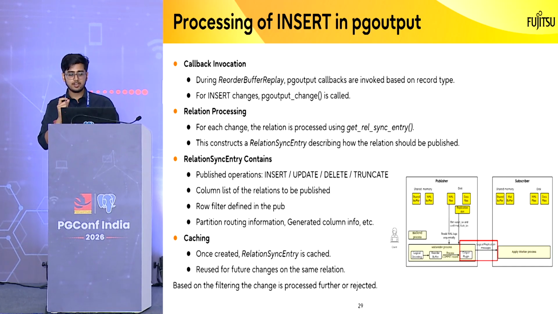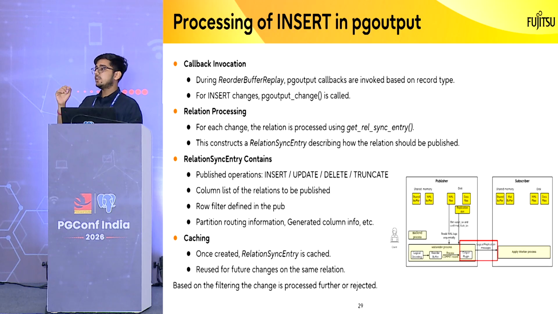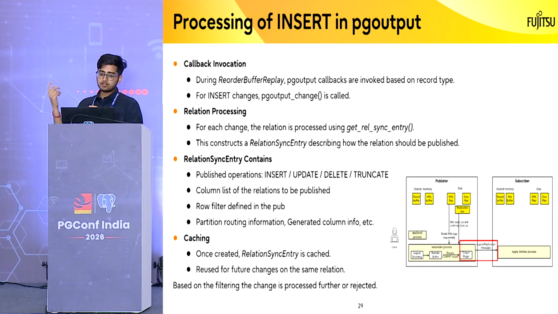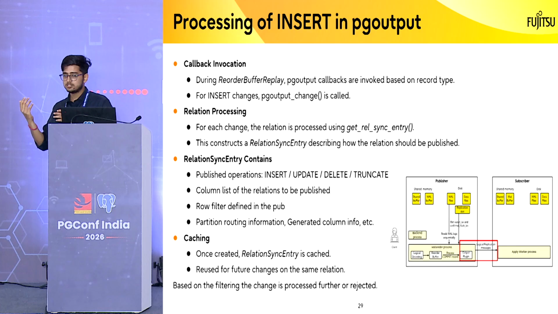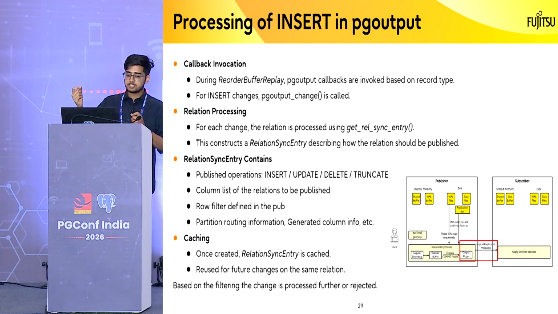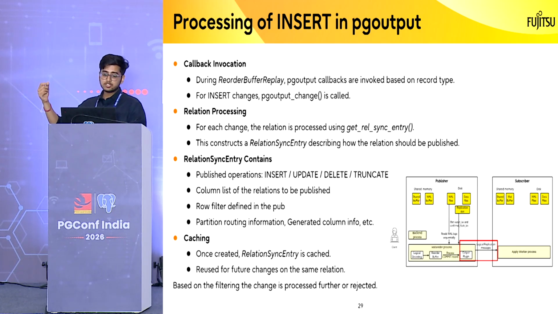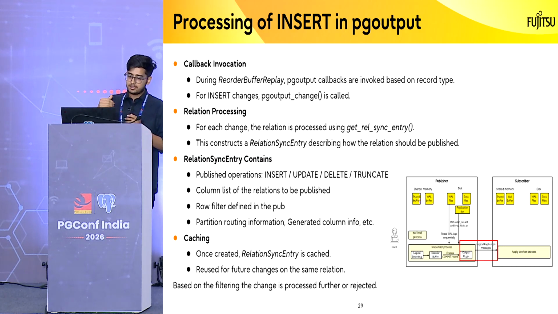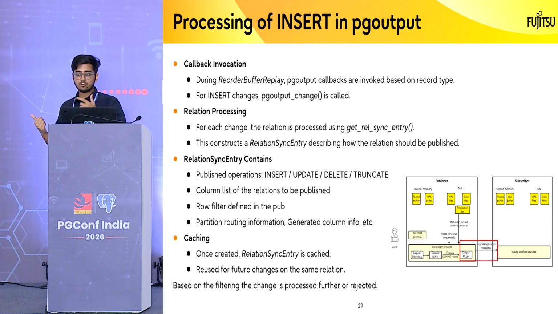This relation sync entry contains information like whether this particular relation is published or not. If it is published, which operations are published, like insert, update, delete, or truncate, which columns are published, and which row filters are applied for this relation. It also checks the partition routing information, whether generated columns are published or not, etc.